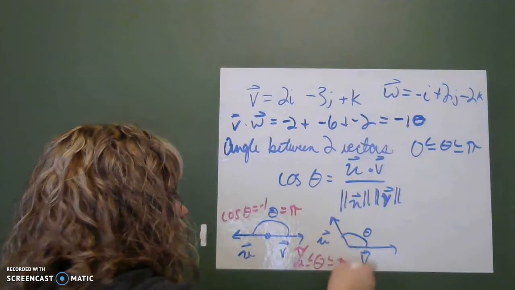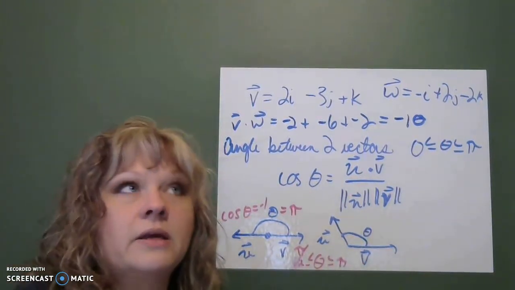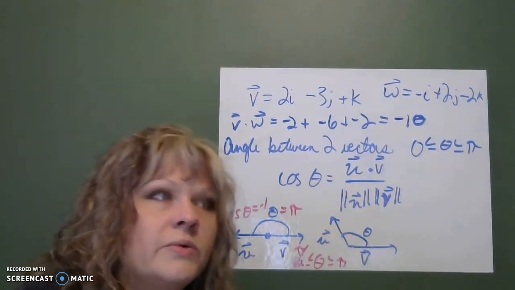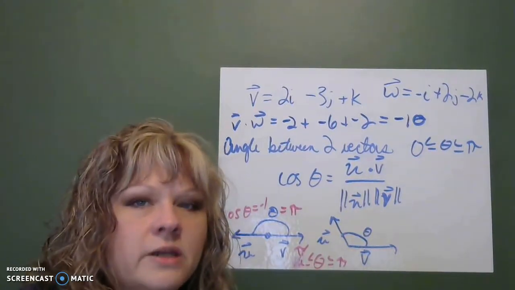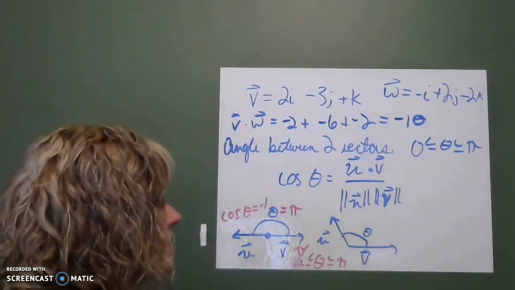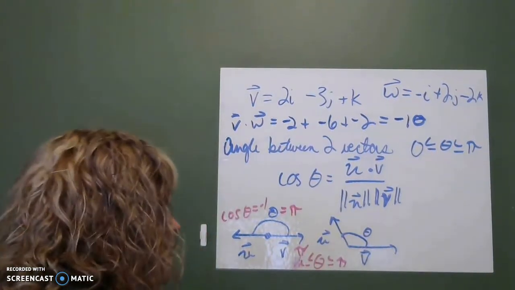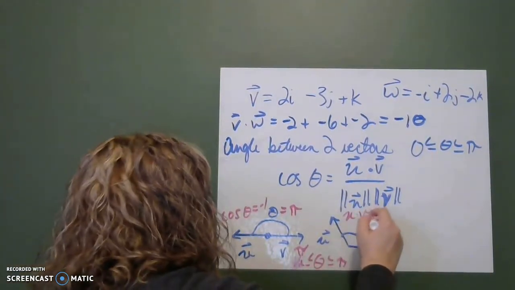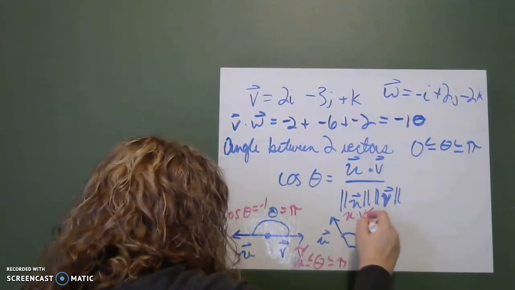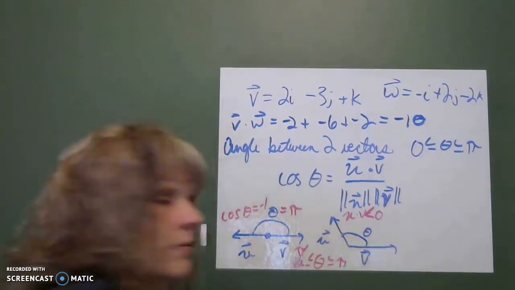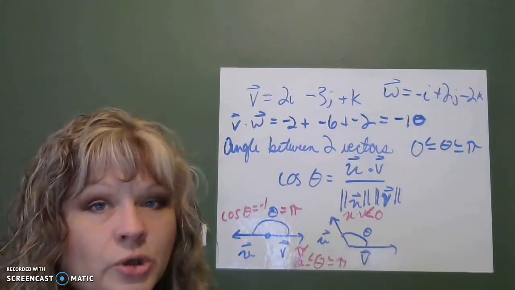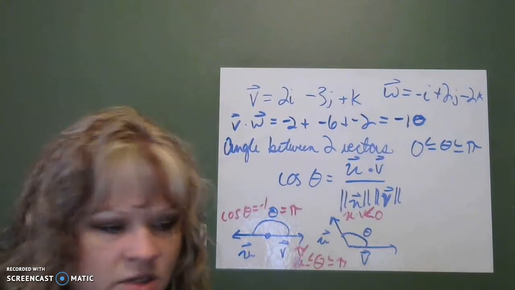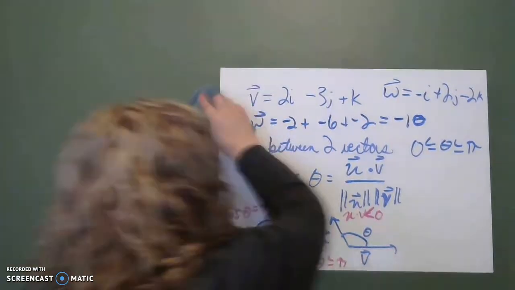Thinking about it in two dimensions, it would be the second quadrant, so it's between 90 degrees and 180 degrees. In that case, when you take the dot product of u and v, you are going to get a value that is less than 0. So when you know those relationships are happening, you'll know that that is also the case. Let's look at a couple more.